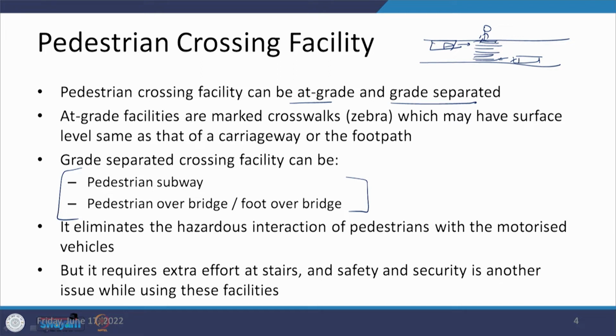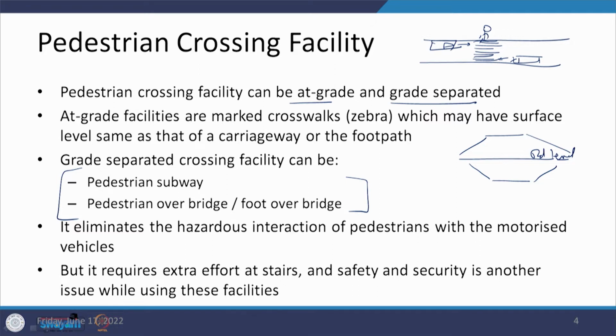But when we are talking about a facility which is either below or above the road level, then that means we have segregated them and the possibility of that hazardous interaction has been eliminated.